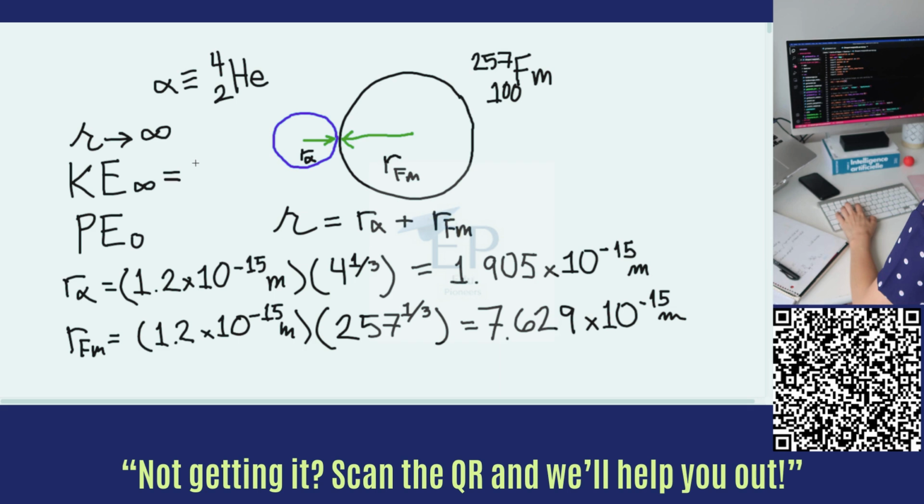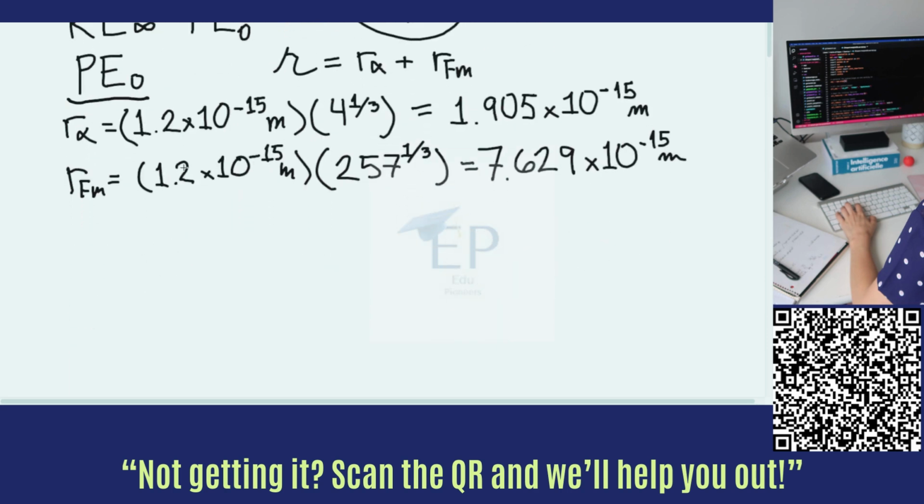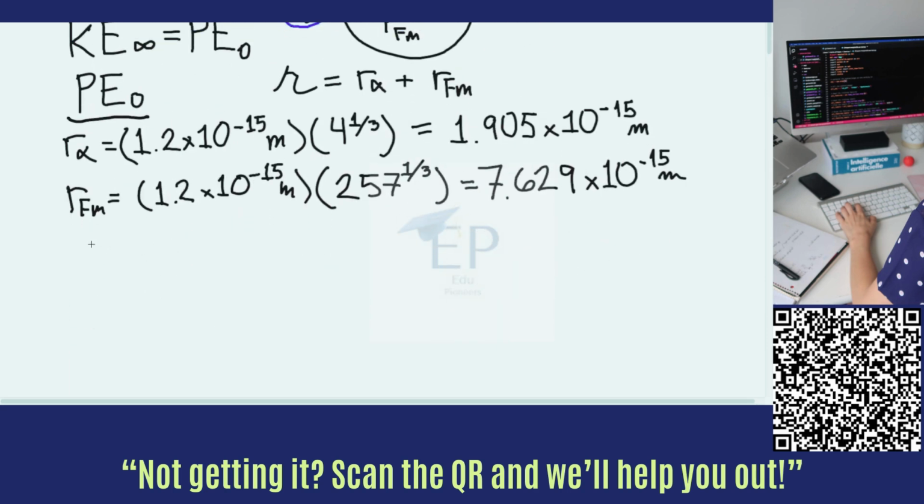So the critical concept we need to take home in order to progress with this problem is that the kinetic energy at infinity is equal to the potential energy at this initial state. So that means we're going to need to find this potential energy in the initial state here.